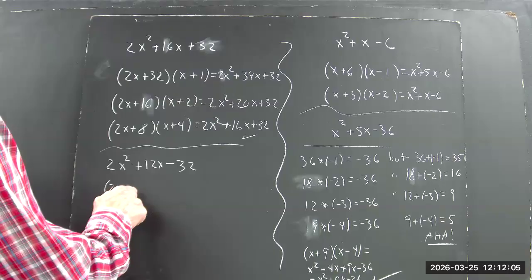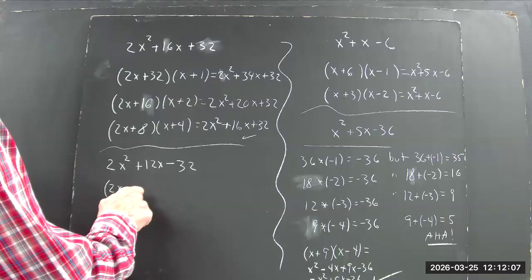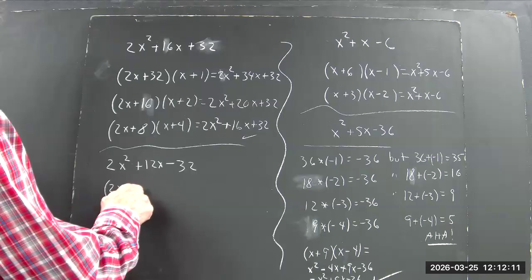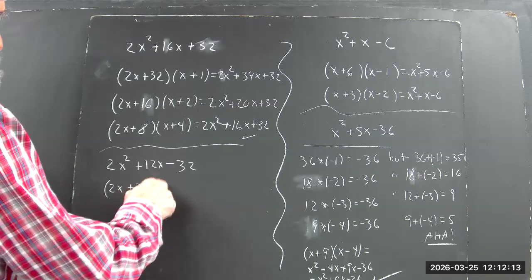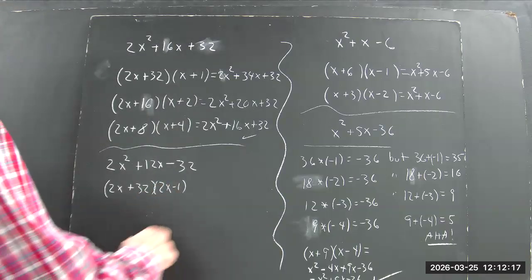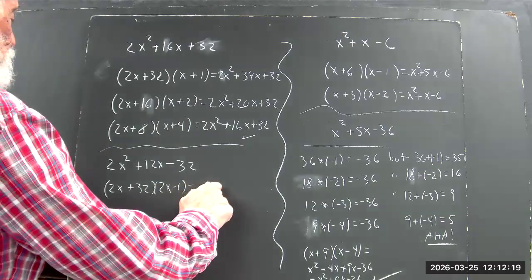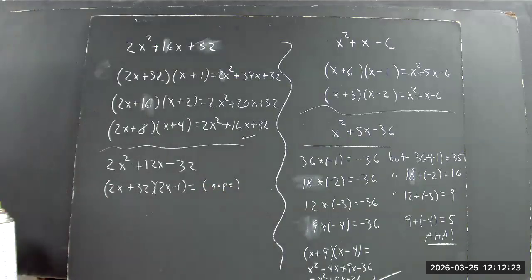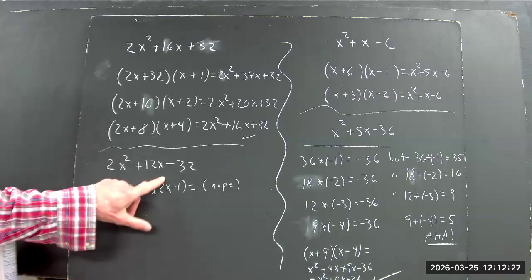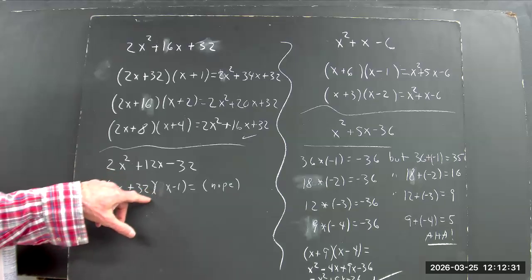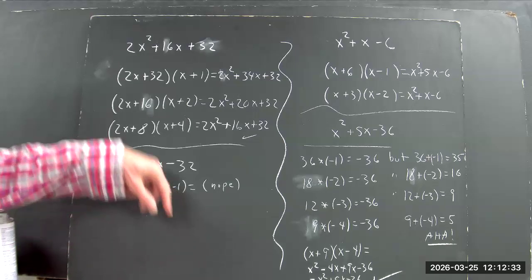2x, well, we could do plus 32, 2x minus 1 equals, and we probably wouldn't even try that because 2x plus 32 times x minus 1, right?